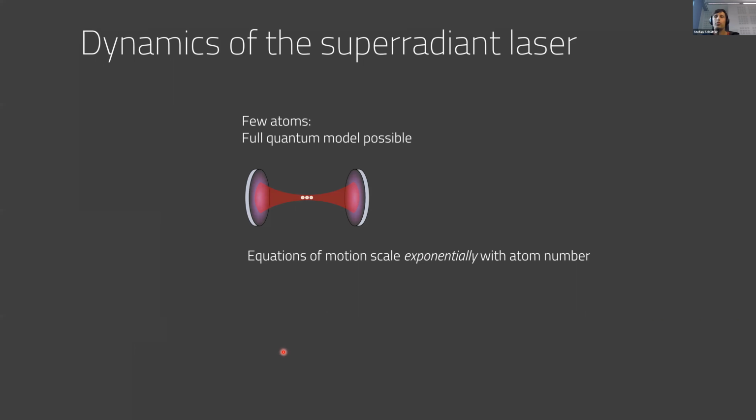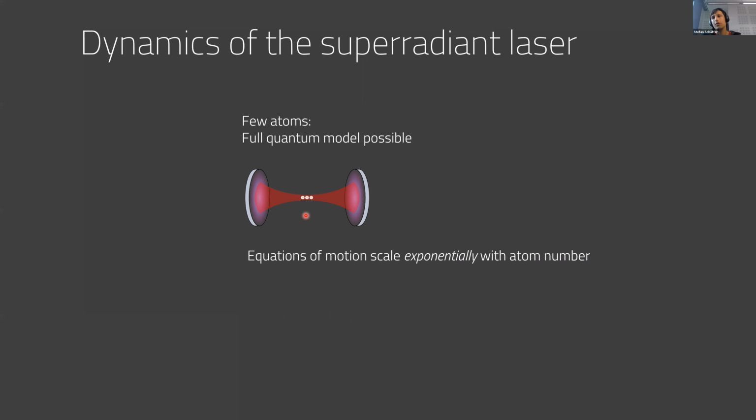So what do we do if we want to investigate a little bit the dynamics of a superradiant laser? Well, if we went back to just having a few atoms, we could do a full quantum model. But typically we want to have a large number of atoms to actually get any appreciable output power in this system.